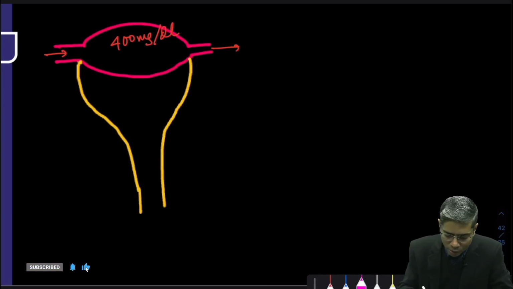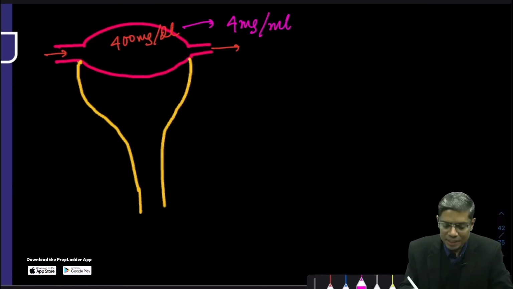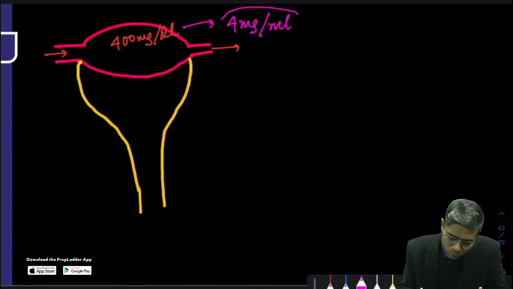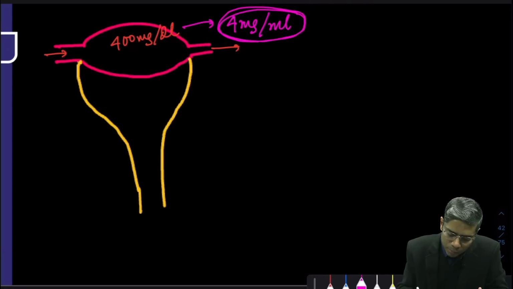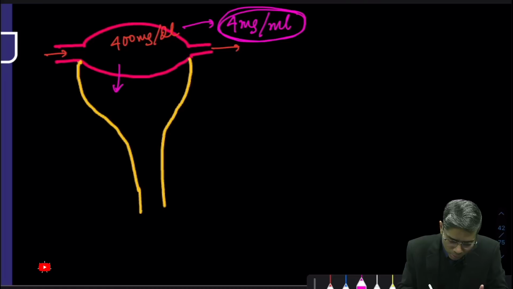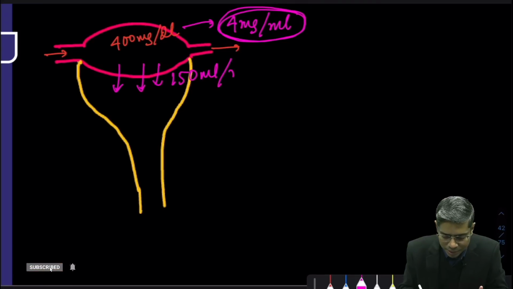So, first of all I will convert this into 4 milligram per ml. dl is 100 ml. So, I am converting the blood glucose into ml, right. It indicates that 1 ml of plasma contains 4 milligram of glucose, and in 1 minute what is the GFR? GFR is 150 ml in 1 minute.